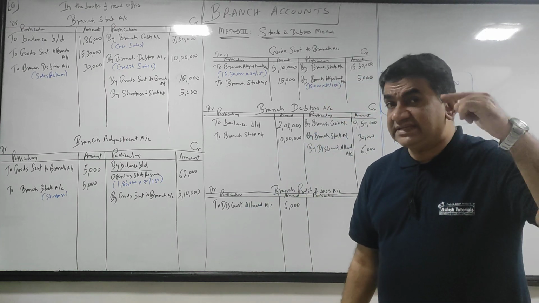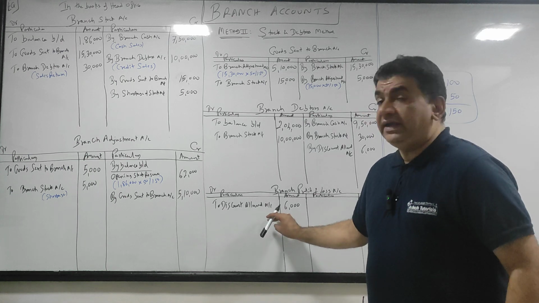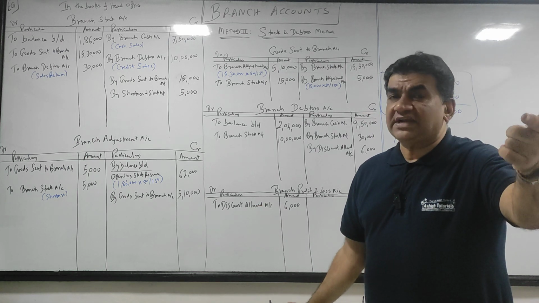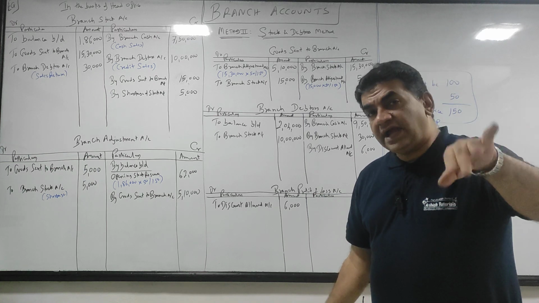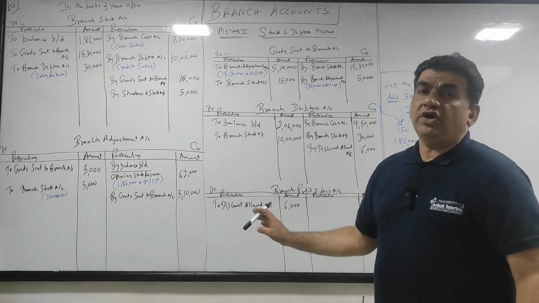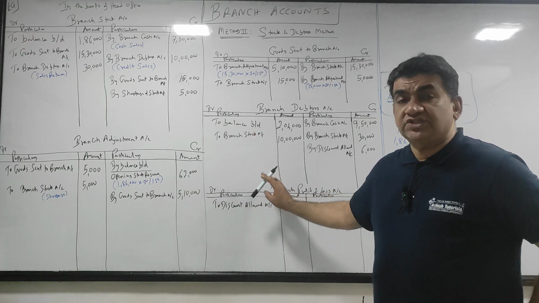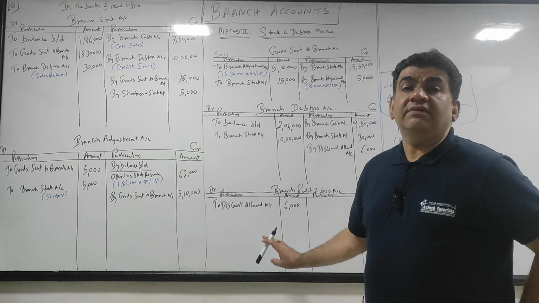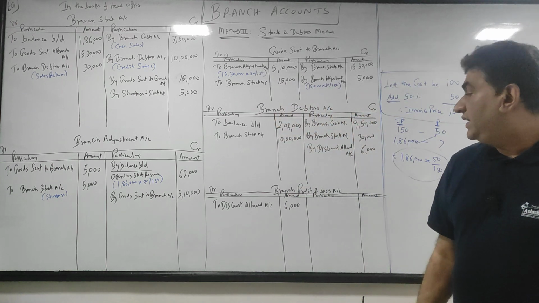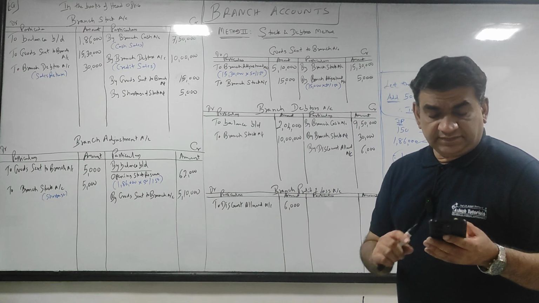Clear with this? Now see, suppose branch expense hota, you could have debited this to branch expense, but end में what I told you in the starting, end में branch expense का total branch P&L में ही आएगा. So because the question has not given us specific instruction to prepare branch expense, we directly make branch P&L. Got it? So branch P&L में to discount allowed that is 6,000.